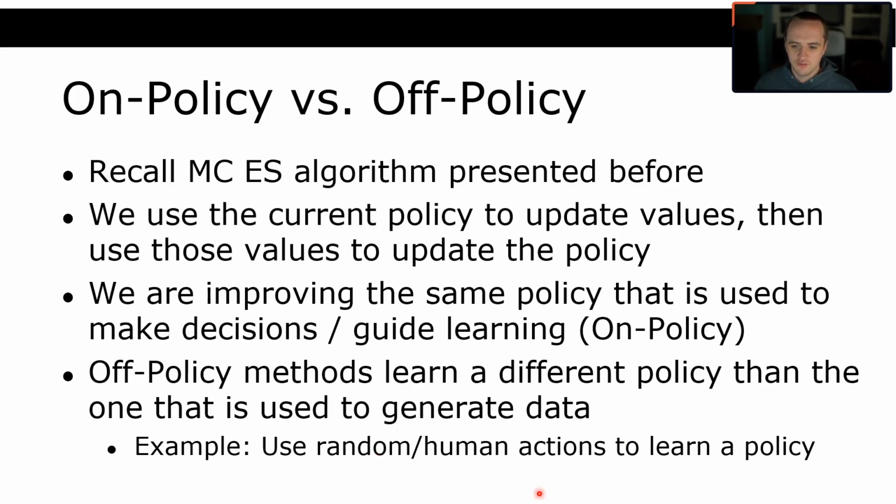Or if we were observing human actions and learning something from those, that would also be off policy. Again, on policy, we improve the same policy that is used to make decisions. In off policy, we are learning a different policy than the one that's used to generate the learning data. That's the big difference, and something about that will definitely be on the final exam.